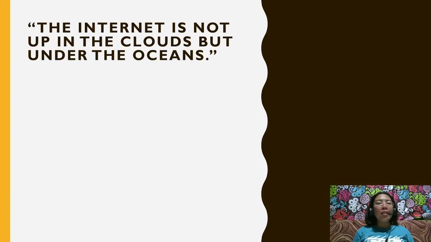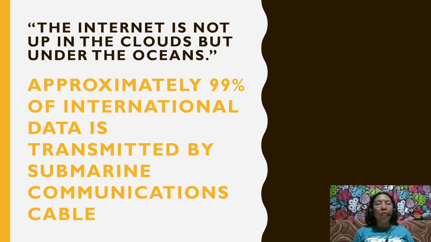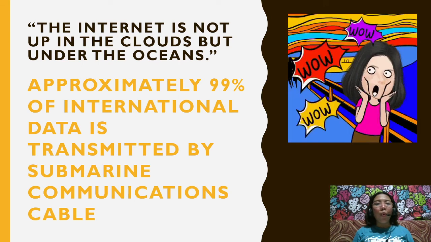So let us take a look at this quote. The internet is not up in the clouds, but under the oceans. Because approximately 99% of international data is transmitted by submarine communications cable. Wow.